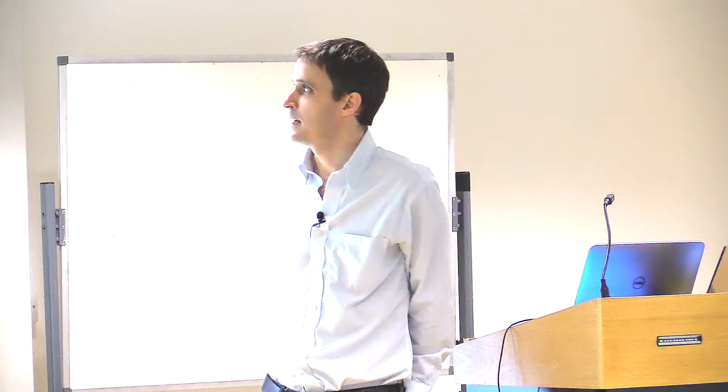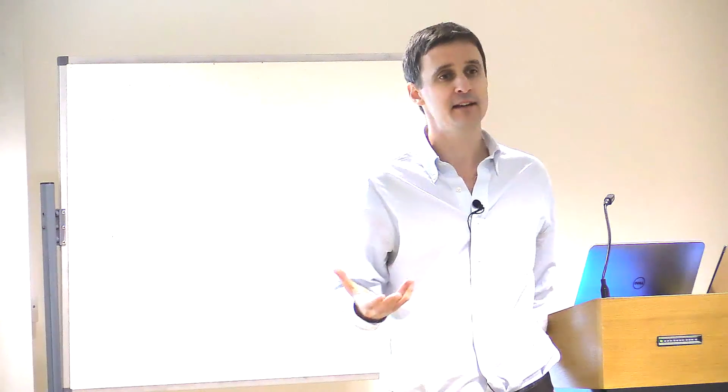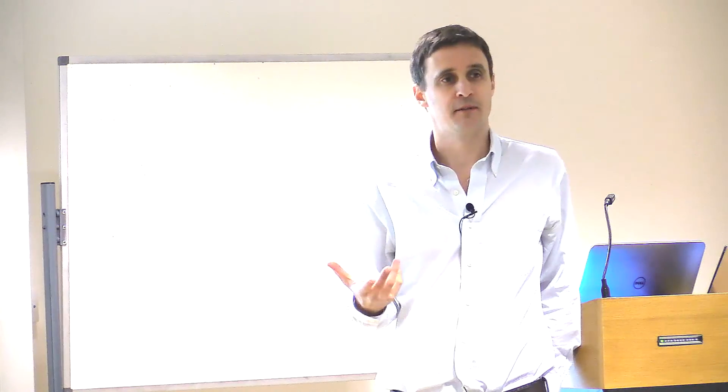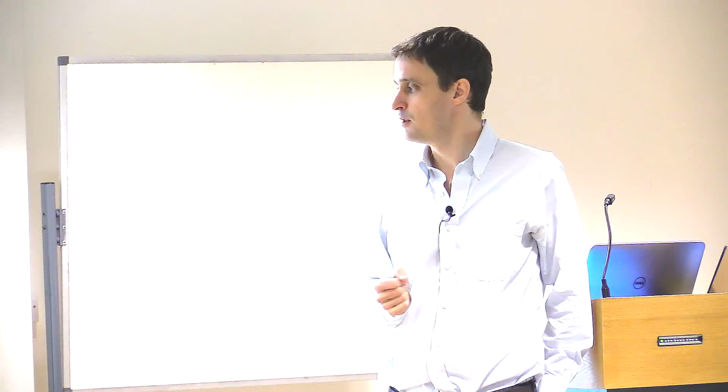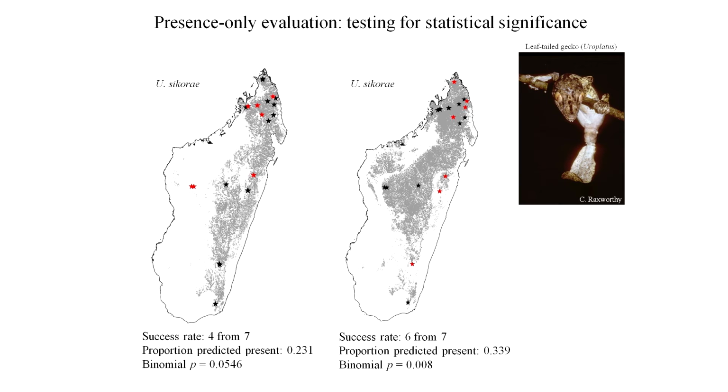So let's just take that back to our presence-only evaluation data set for Madagascar. What we would actually present is the success rate. We would calculate the proportion of the study area that is predicted present. In this case, it was 0.231. So about a quarter of Madagascar, a quarter of the landmass, is grey, is above our threshold, is predicted as suitable.